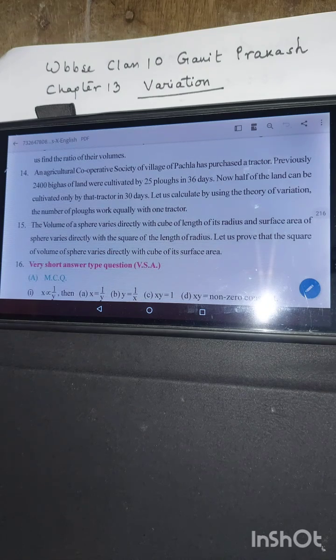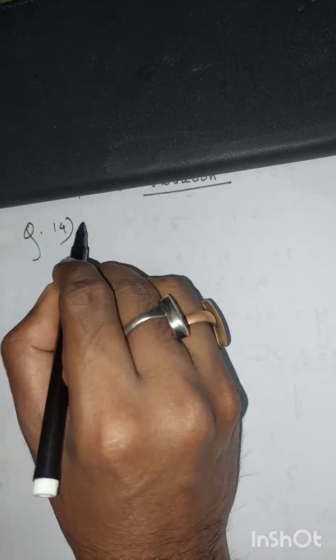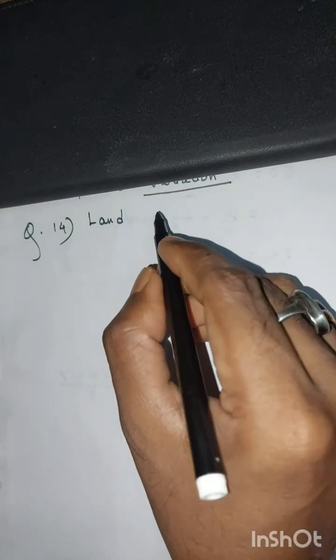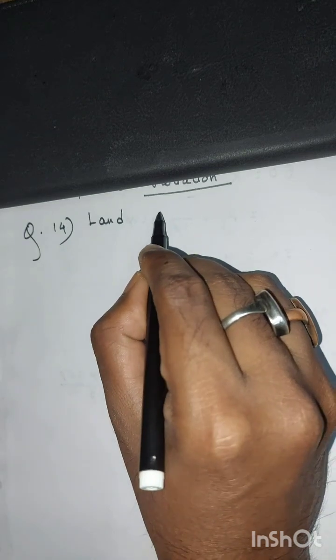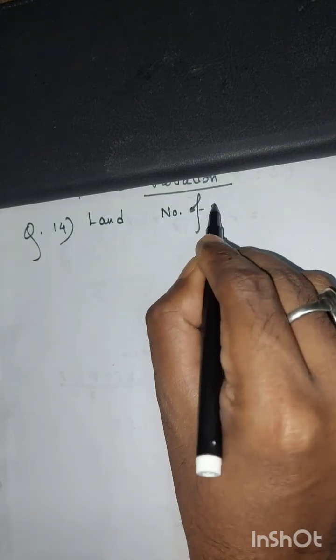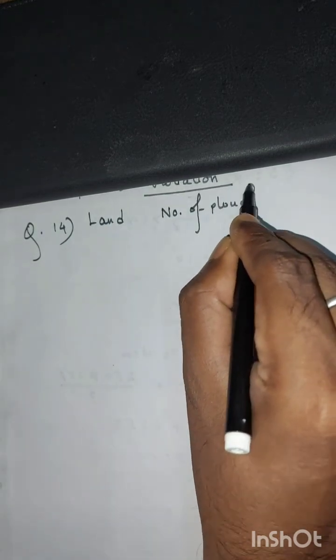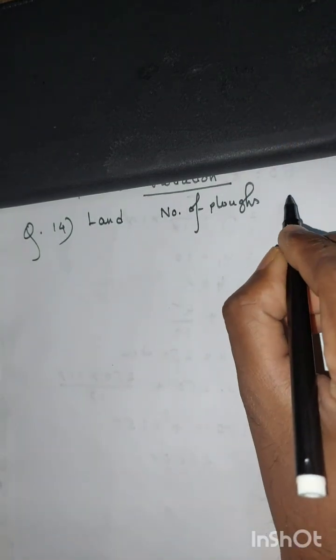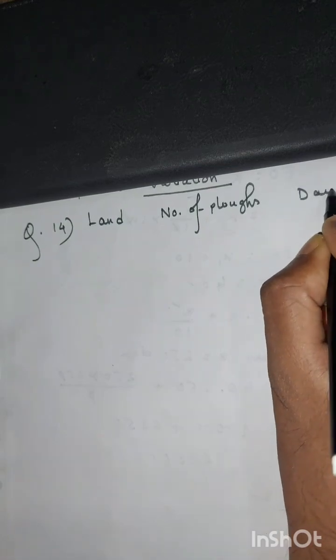Let us first write the given data. First, land. Second, number of plows. Third, number of days.